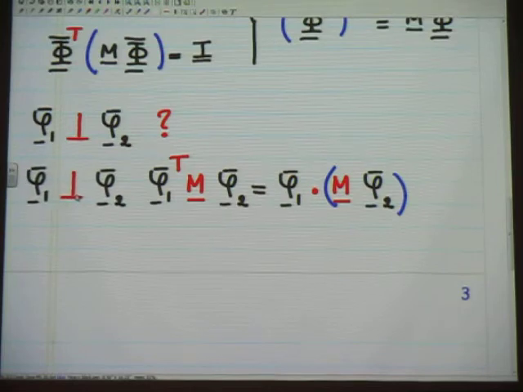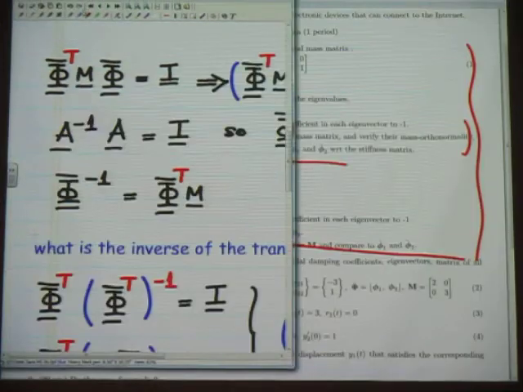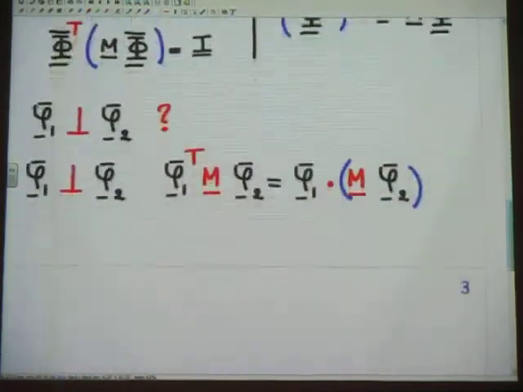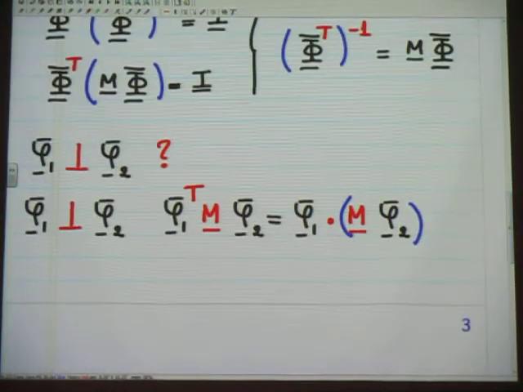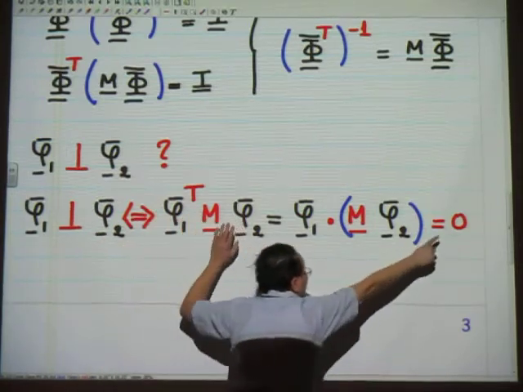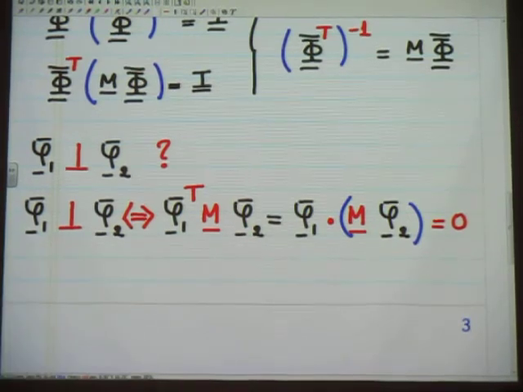Phi1 bar is orthogonal to phi2 bar implies that this generalized dot product equals 0, or vice versa, meaning that if you can verify that phi1 bar transpose times M times phi2 bar equals 0, then you can deduce that phi1 bar is orthogonal to phi2 bar with respect to the mass matrix. That's very important. Okay, so next.